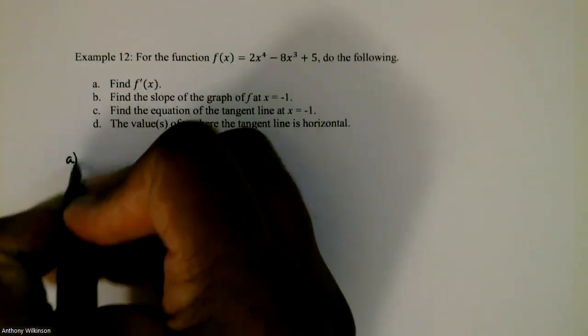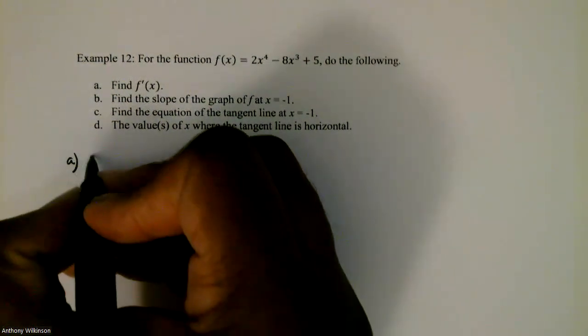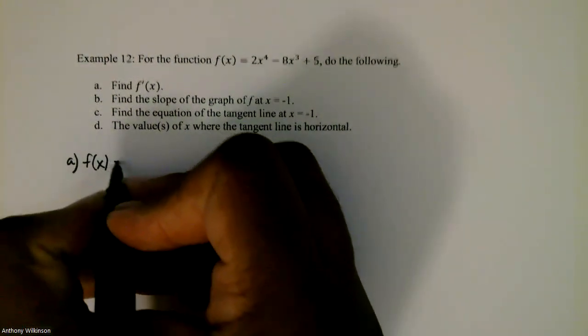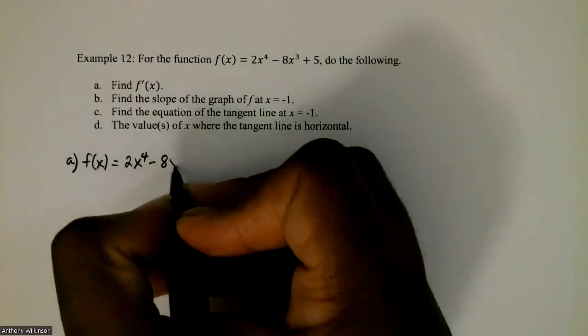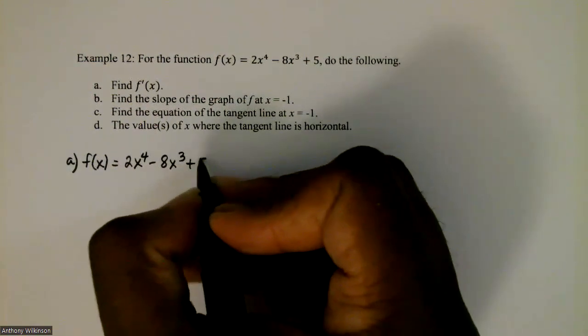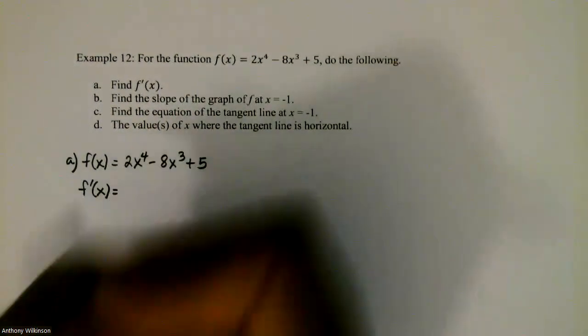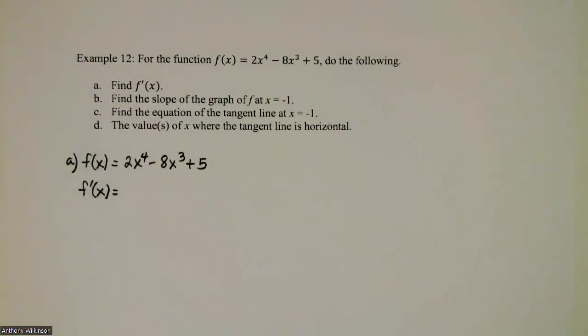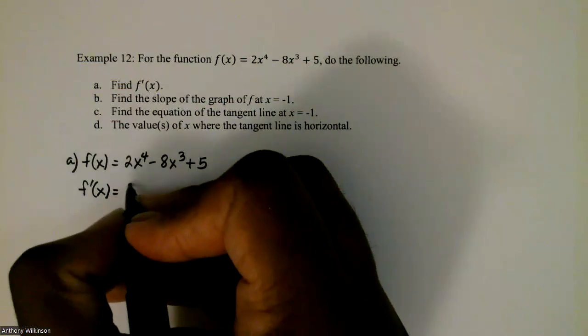So let's find out what f prime of x is. So here, f of x is equal to 2x to the fourth minus 8x cubed plus 5. And if I take its derivative, here, bring the 4 down, multiplied by 2 will be 8.